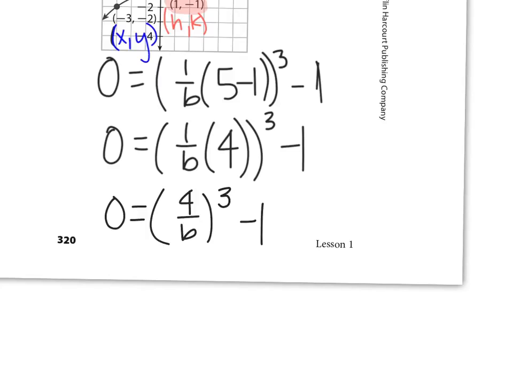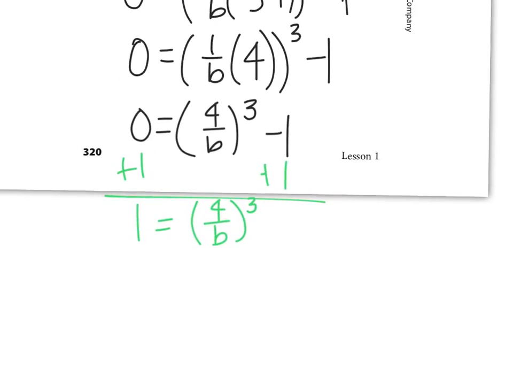I'm solving this for b, so what do I do? Plus 1. I need to get rid of the 1, and to get rid of the 1, I'm going to add 1 to both sides. So 0 plus 1 is 1 equals 4 over b all to the 3rd power. I need to uncube it. That would be called cube rooting.